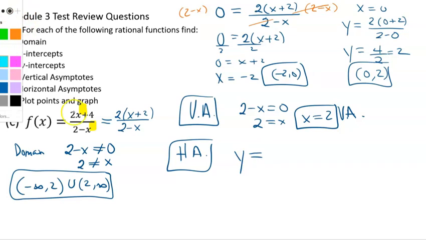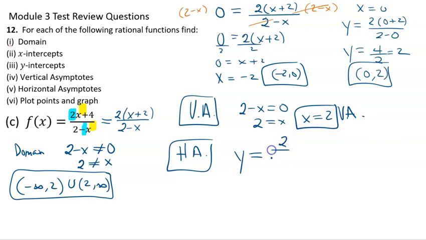So the leading coefficient of the numerator is 2. And this is the tricky part. This is why I picked this problem. The leading coefficient of the denominator is negative 1. So it's y equals 2 divided by negative 1, which results in negative 2. So y equals negative 2 is your horizontal asymptote. Now the idea of making these problems so similar yet different is so you can compare and contrast.